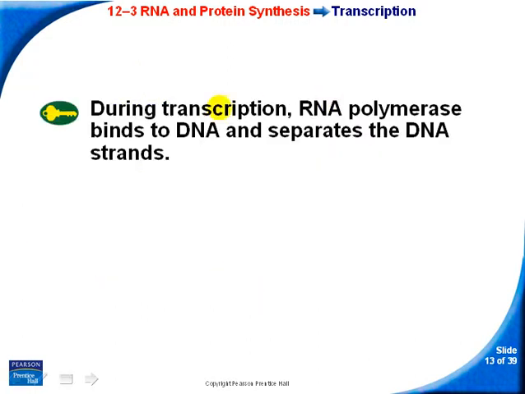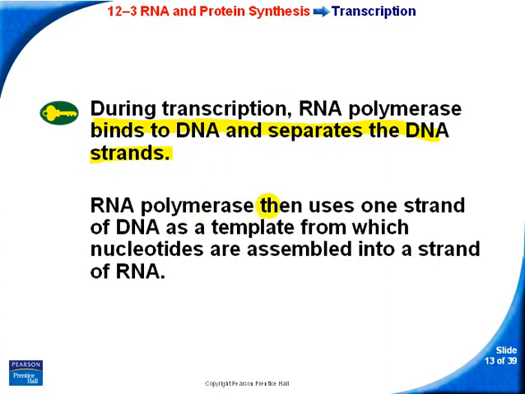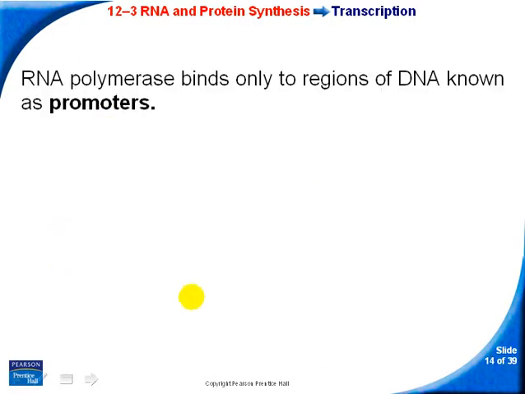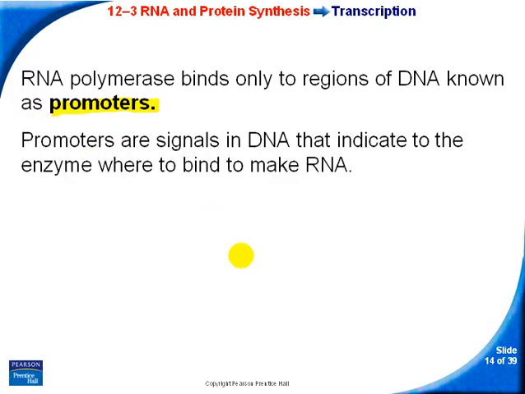During transcription, RNA polymerase binds the DNA, separates the DNA strands, and then uses one strand of DNA as a template to make the nucleotides that compose RNA. RNA polymerase binds only to areas of the DNA known as promoters, and this tells the enzyme, RNA polymerase, where to bind to make RNA.